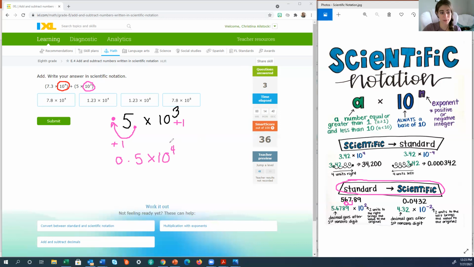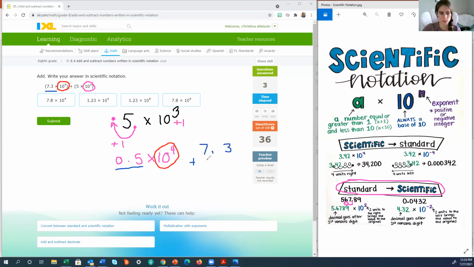Now, do we have matching exponents? We certainly do. So now we can do what I hope is the easy part and add our two values. 7.3 plus 0.5.